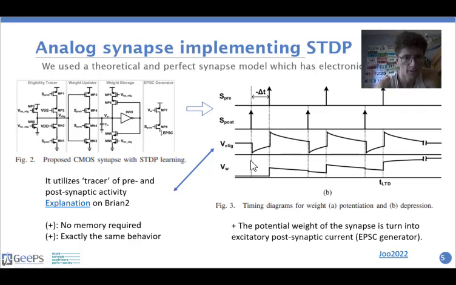Here you may not recognize at first sight the STDP evolution that we've seen just before, but it's because it uses tracer methods of implementation, and I won't talk about this method in this video. It's not really the subject, and there's already a very good and clear explanation in the Brian 2 tutorial, so you can just Google Brian 2 and STDP, and you will see that it's very simple to understand.